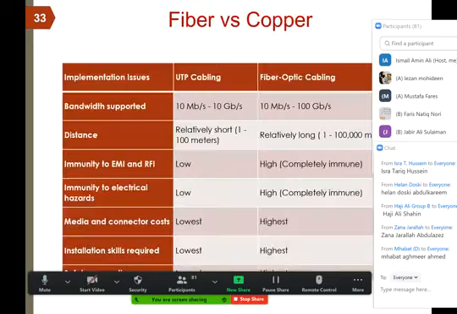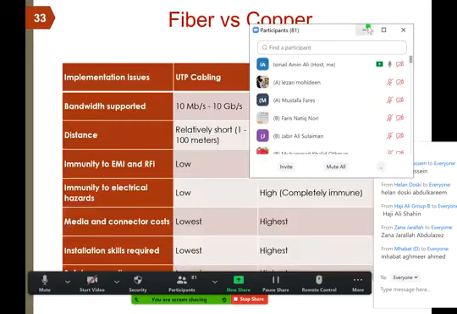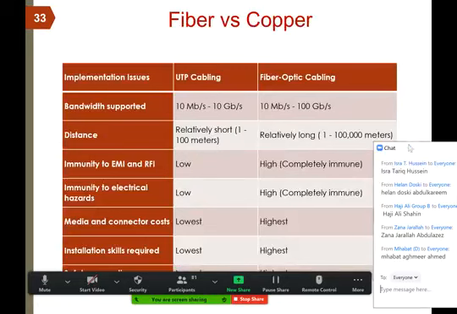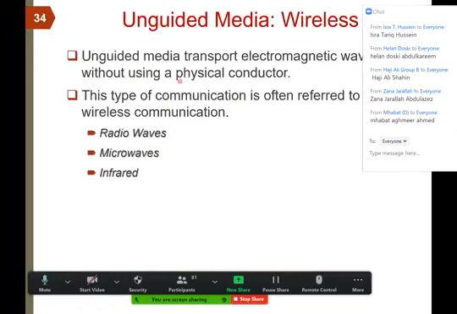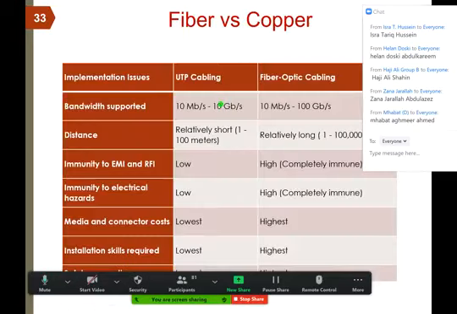So you have this disadvantage, the cost. If you look at this table, the bandwidth in UTP cable, nowadays we can go up to 10 gigabit per second with UTP, but with fiber you can go up to 100 gigabit per second with the available technology.